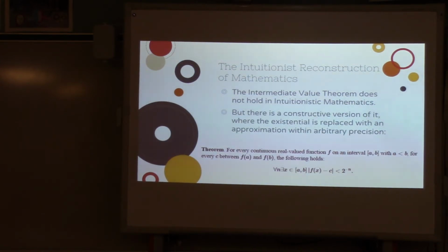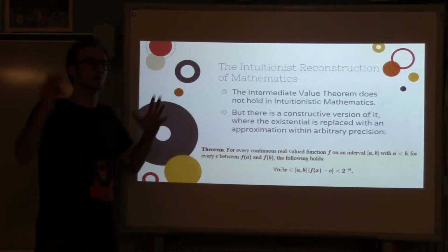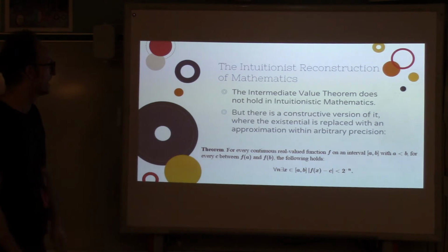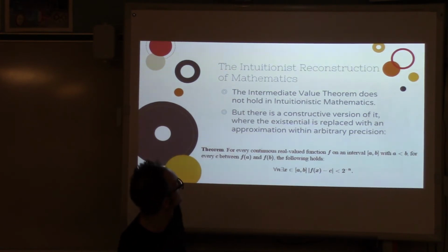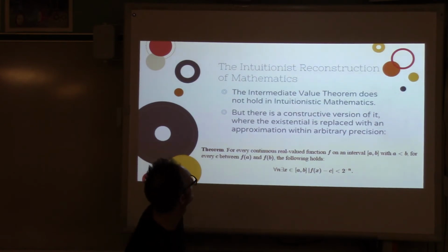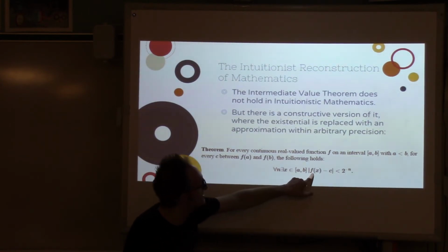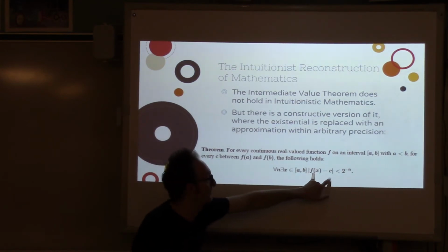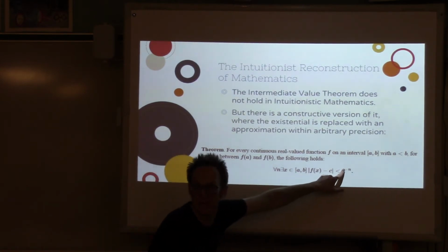So the intuitionists have their own version of every mainstream theorem. They have their own intermediate value theorem. It's like the constructivist intermediate value theorem. And what it says, loosely speaking, is that there exists some point x such that f of x is close to the chosen value C. They don't say that it equals C, but they say that the gap between f of x and C can be essentially less than epsilon.